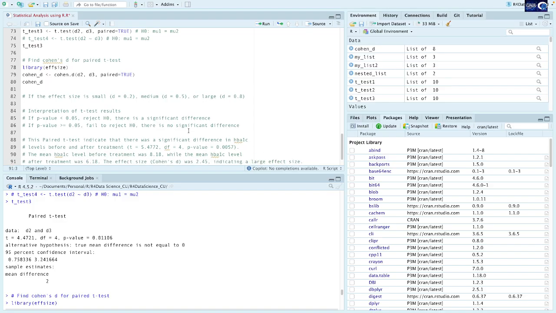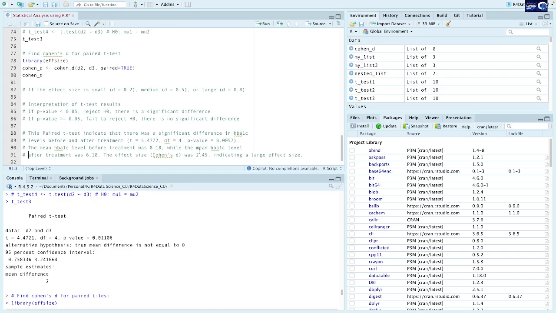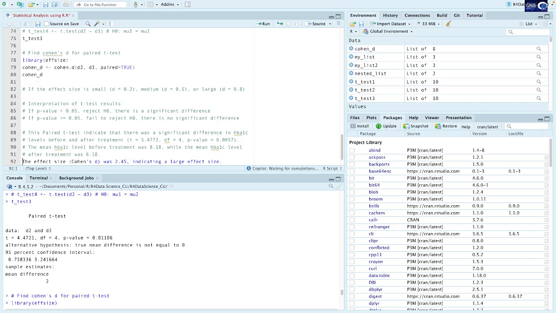Okay, the effect size of Cohen's d was 2.45, indicating a large effect size. Before that, I need to mention one more thing.